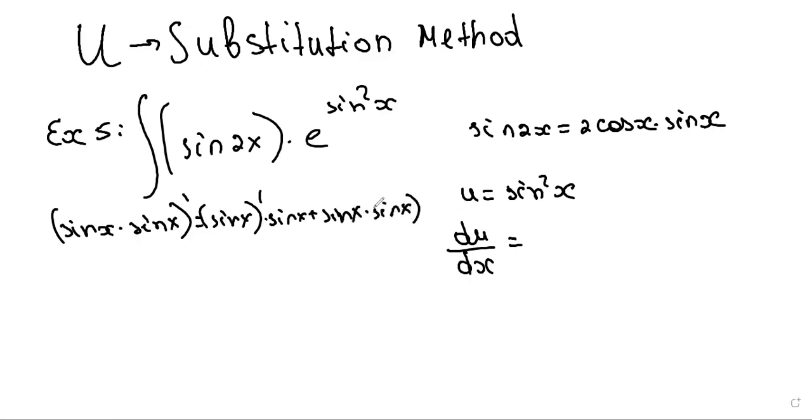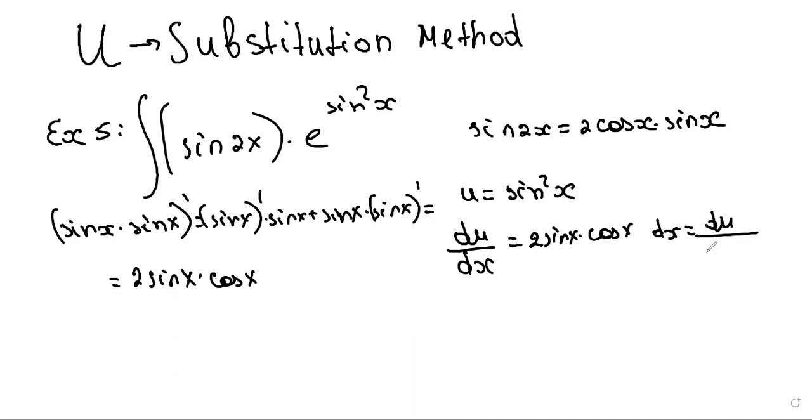We know the derivative of sine x is cosine x. So that will be 2 sine x cosine x. So dx will be du divided by 2 sine x cosine x.